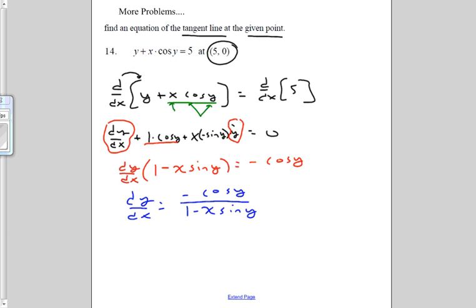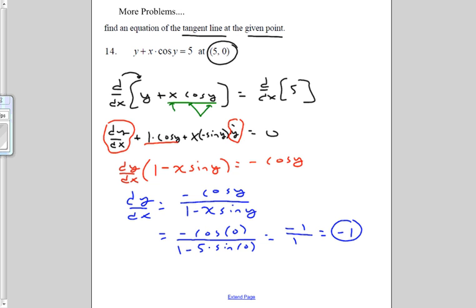And if we plug in the point 5, 0 to find the slope, we have negative cos of 0 over 1 minus 5 times sine of 0. Knowing your trig tables, that's negative 1 over 1, which is just negative 1.